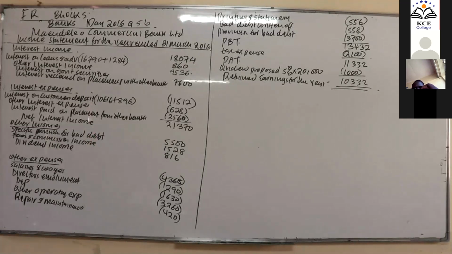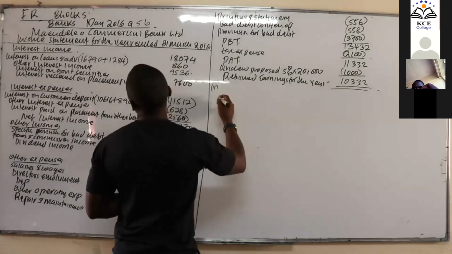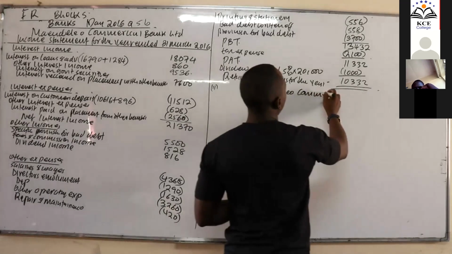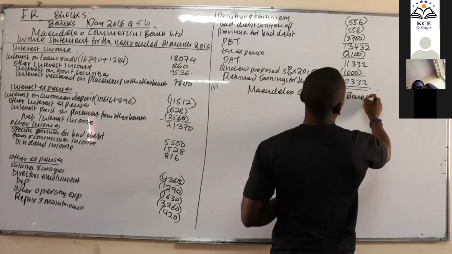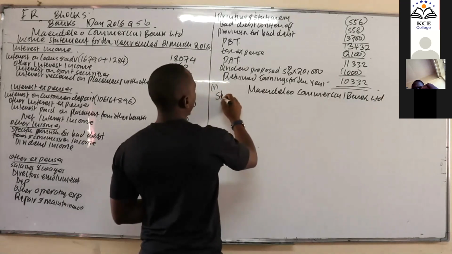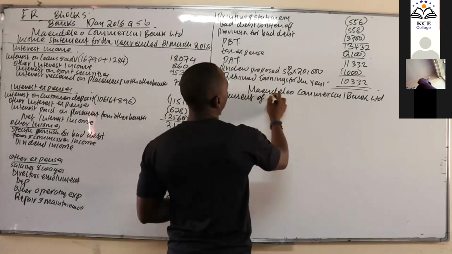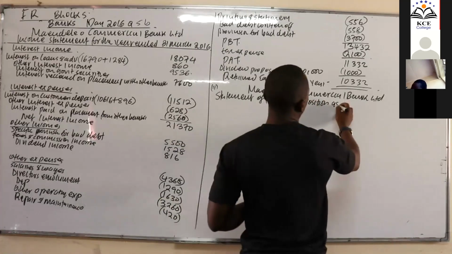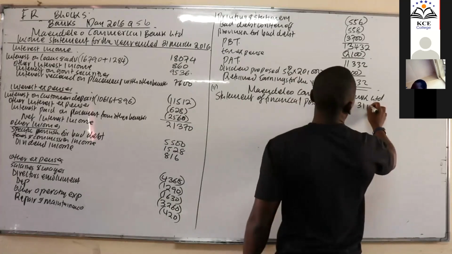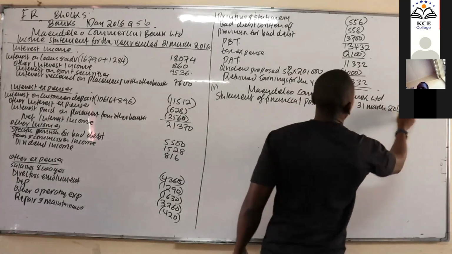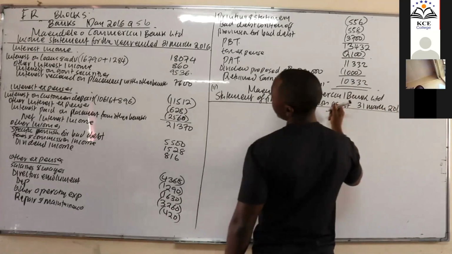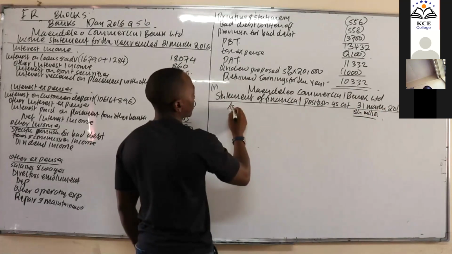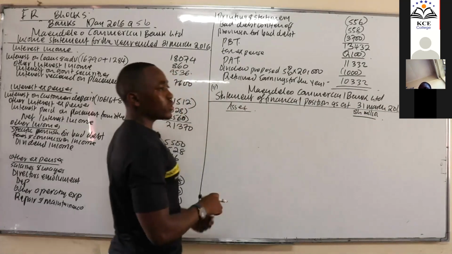So let's present the balance sheet. So we start with the assets, and in the balance sheet you don't separate them into non-current and current.